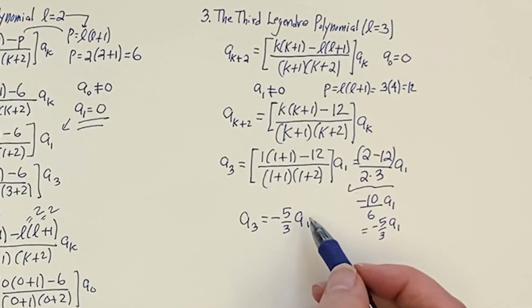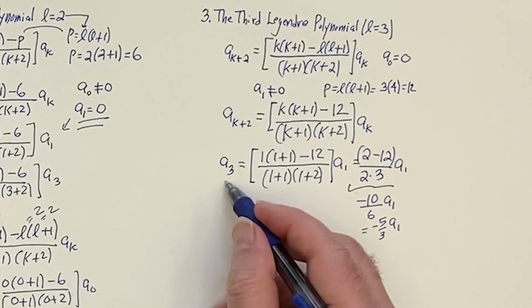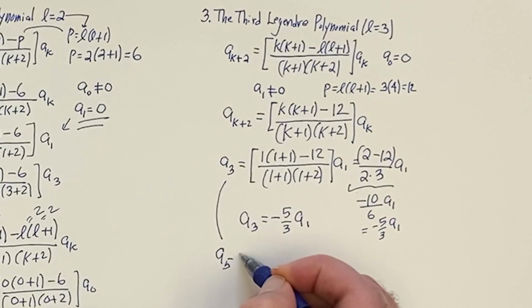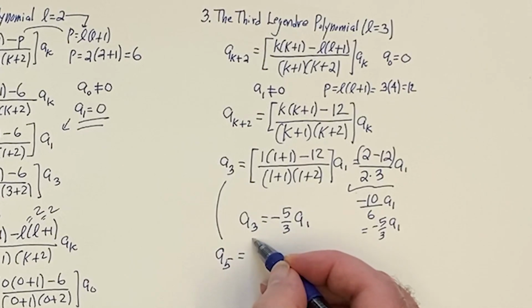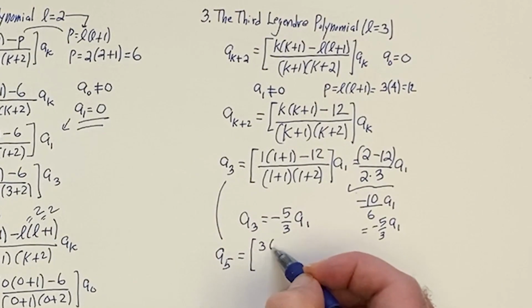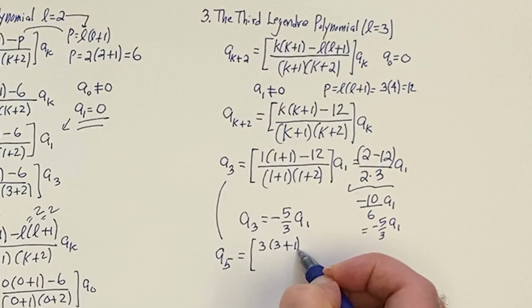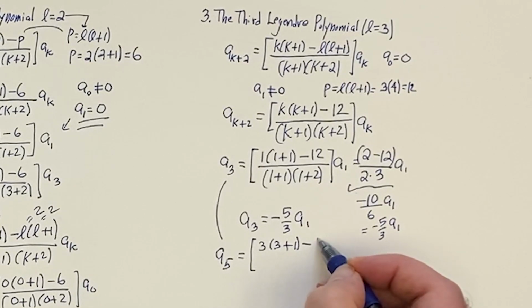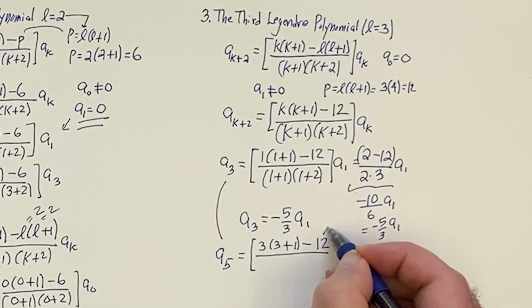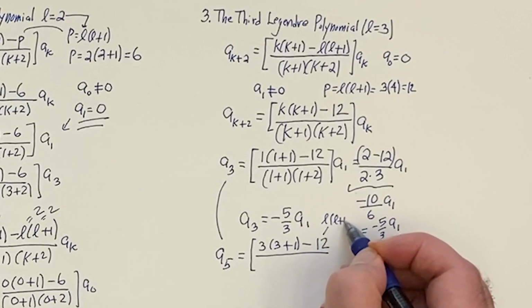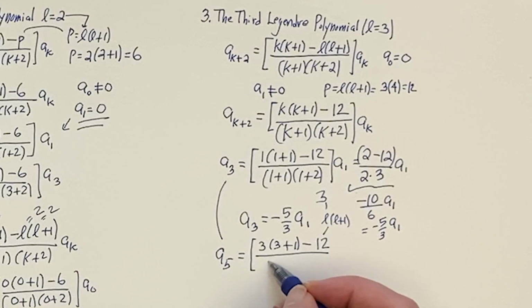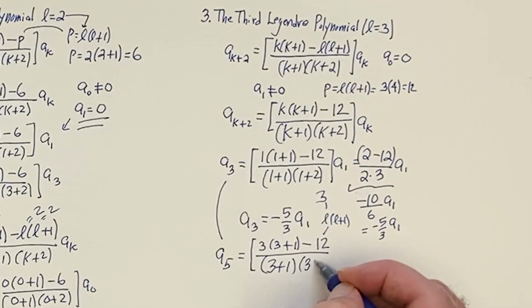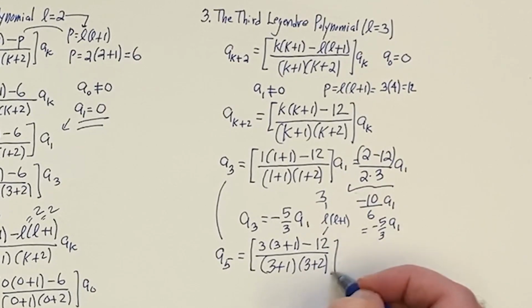Now notice, if you try to find A5, then that means you have to put in K as 3. But if I put in K as 3, remember, 12 came from L plus 1 when L was 3. So that means here, 3 plus 1, just plugging in for the K, 3 plus 2, doesn't really matter what we do down there.